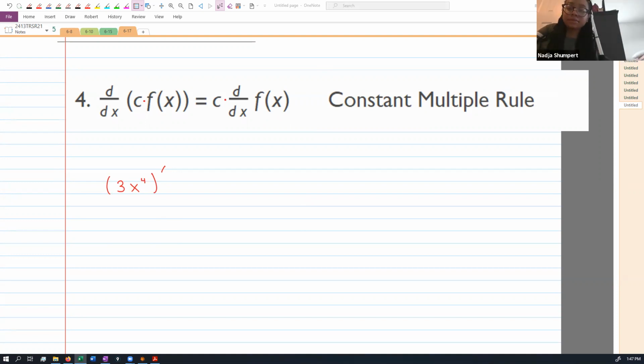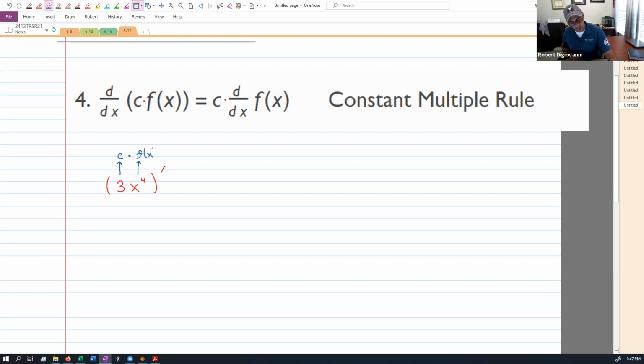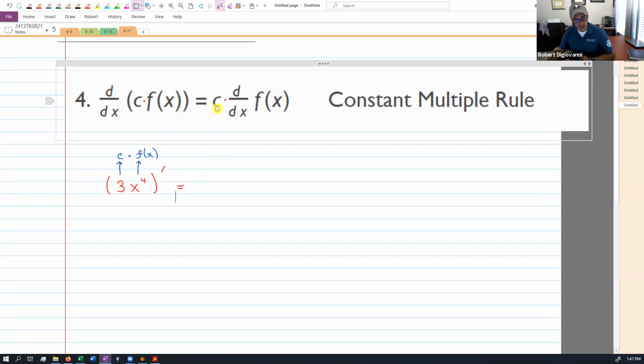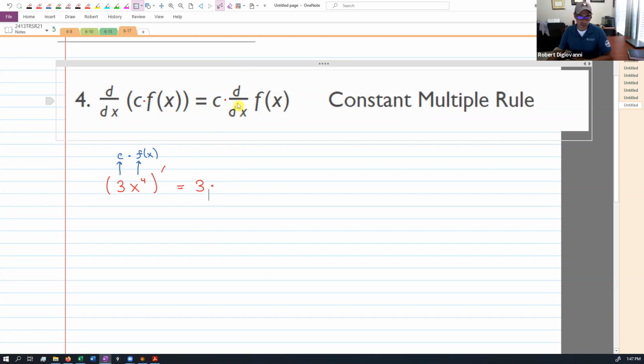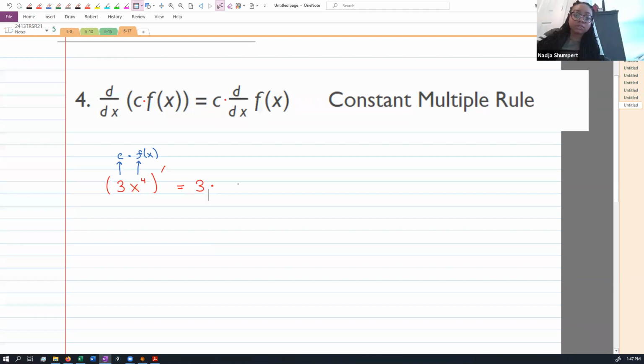I'm doing good. Okay, so Naja, you see here that we have a constant multiplied by some function of x. You see that? This rule says that this derivative should be equal to just the constant, okay, right? Just the constant. So what would the constant be for us? 3. 3 times, now, Naja, what's the derivative of that function that we have here? 4x to the 3rd.